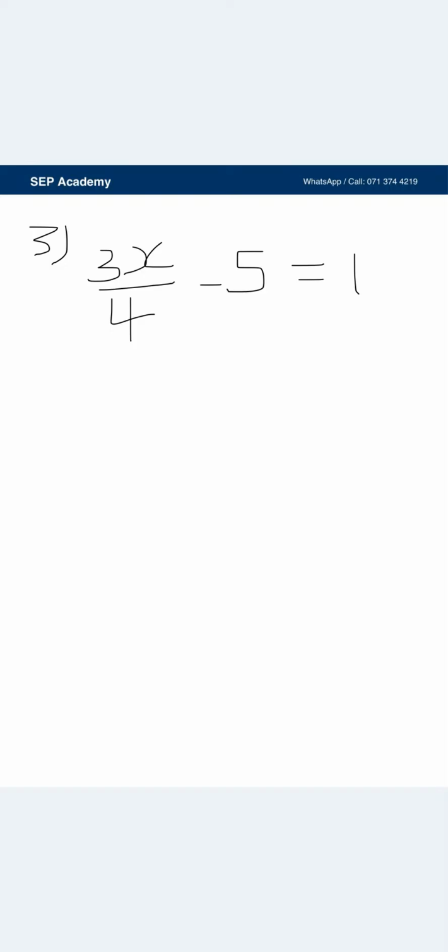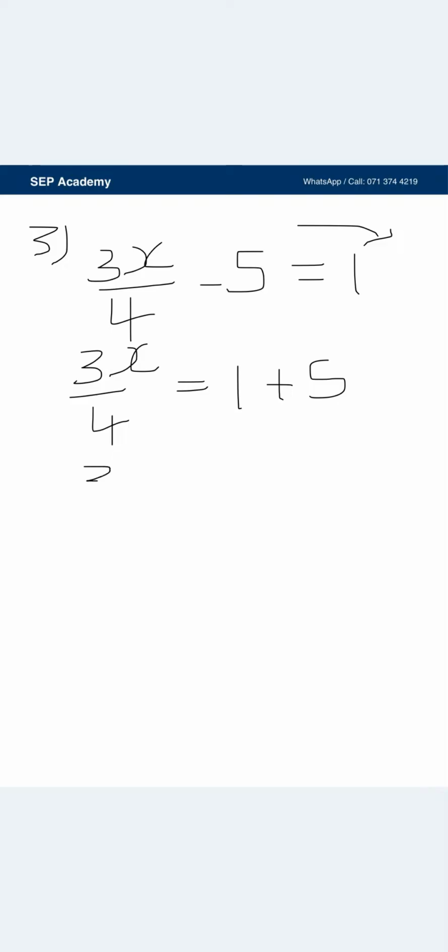So it is for this reason that I will still write that 3x/4 on this side, and on the right hand side I have 1. I will take this to the other side, it will change the sign, it becomes +5. And then this plus that, definitely that is 6.